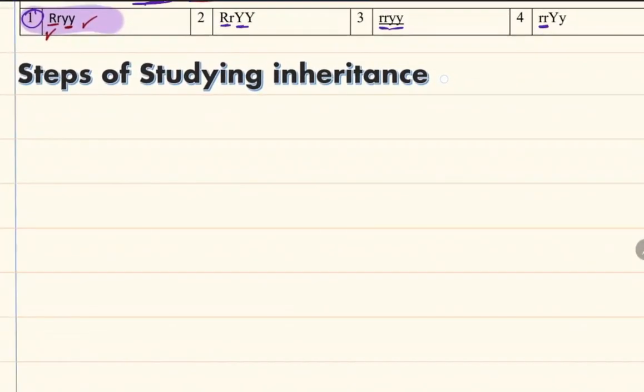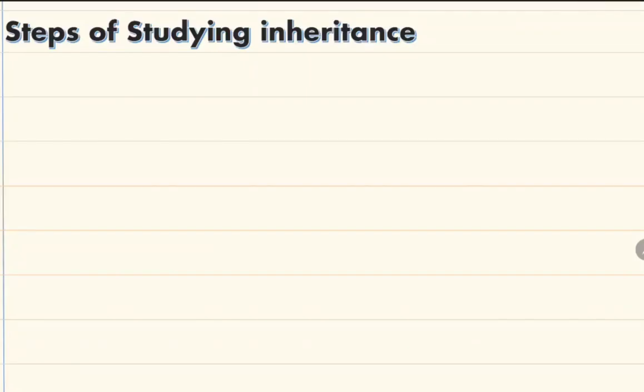So let's see what Mendel did to study genetics. What did Mendel do to study characteristics and inheritance in pea plants? First of all, for a while, he just self-pollinated the plants. We have plants with pink flowers, and we have plants with white flowers.